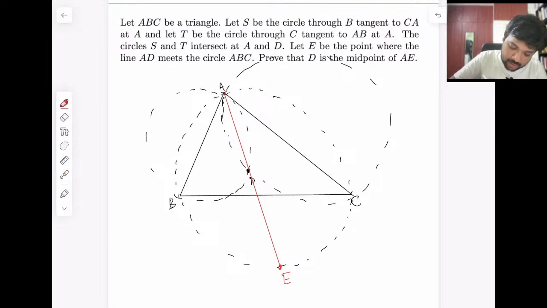Let's call this circle omega 1 and this circle omega 2. The intersections of omega 1 and omega 2 are A and D. And AB is tangent to omega 2 at A. So what do you mean by Thales theorem? AB, AC are diameters. Why are AB, AC diameters?